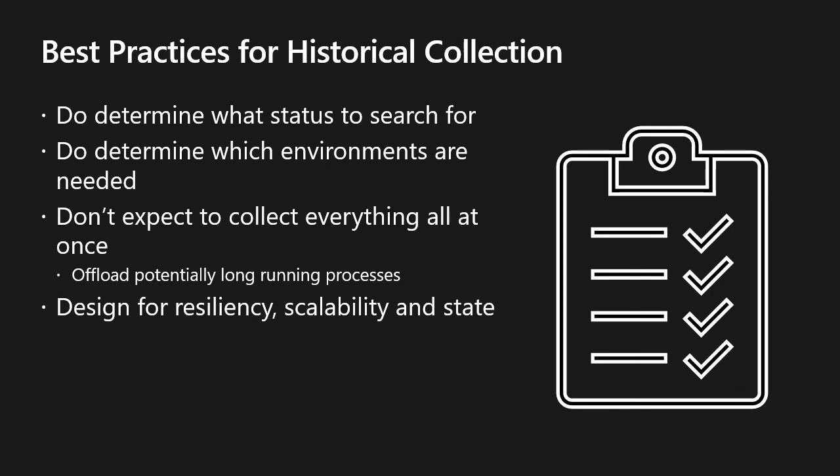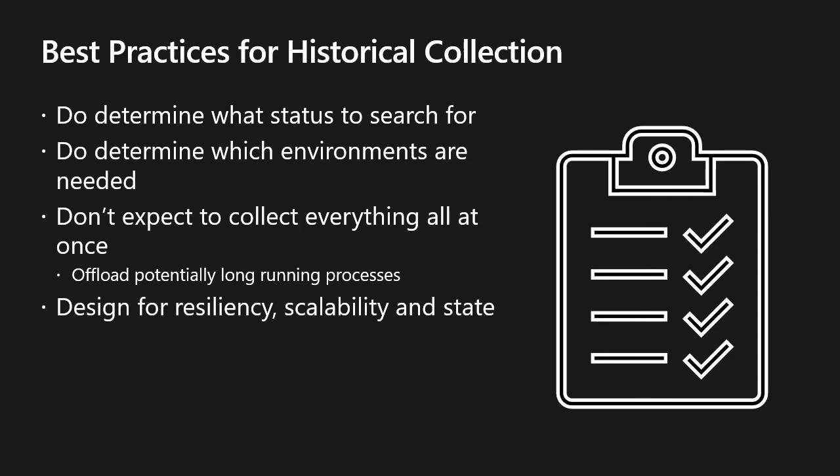I would recommend business critical workloads for sure. You could choose all flows in an environment, or you can choose a handful of ones that are pertinent to whatever mission critical workload you do have. So just be mindful of what you want to collect. Start small. Make sure everything you're collecting is working as expected. You've got your alerts, and then decide how you want to build that out.